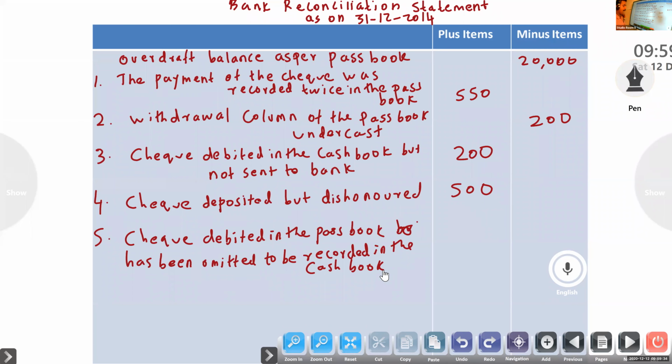Okay, they debited in the passbook. So passbook we know. Passbook increase or decrease? Aparna, debited in the passbook. Sir, decrease. So I moved the same. Okay, 300. Sorry.